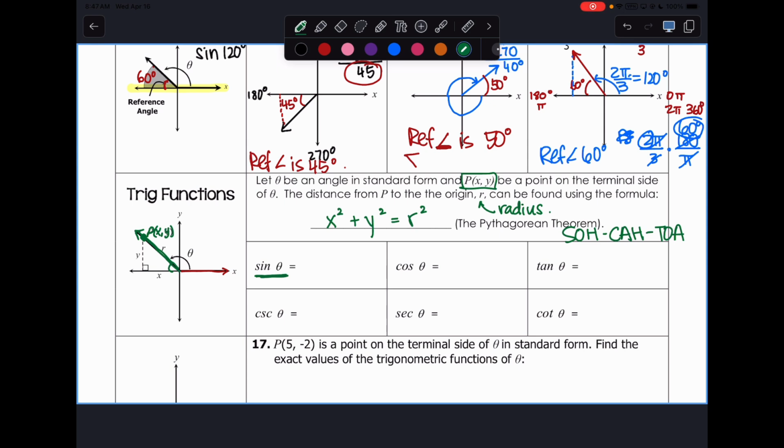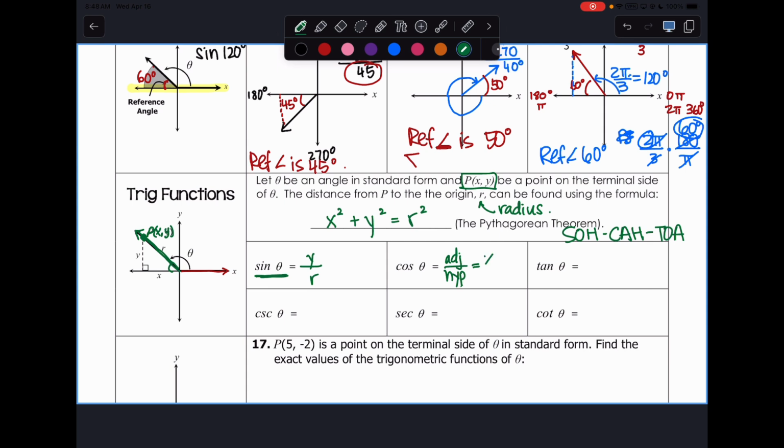To y, so you put y over... What's the hypotenuse? R, yay! That's it. Okay? Cosine is adjacent over hypotenuse, which makes it, which one's the adjacent leg?